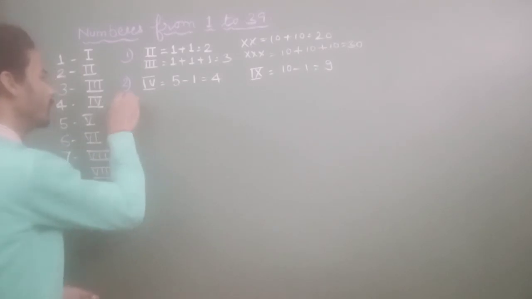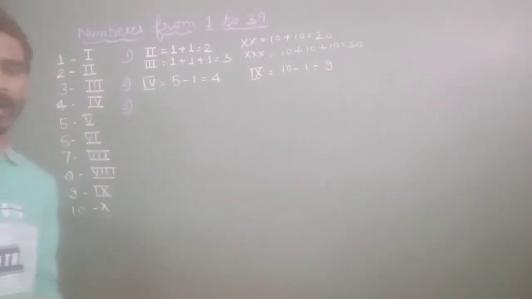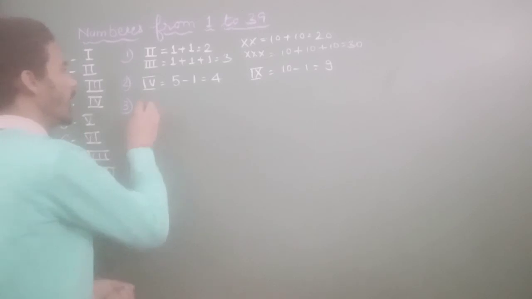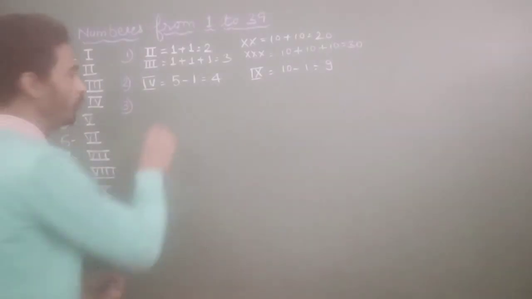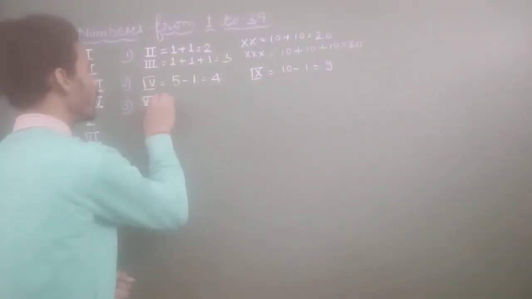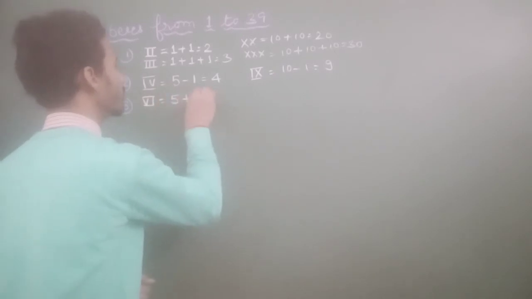Rule number 3. I to the right of V or X means addition. VI is 5 plus 1, 6.